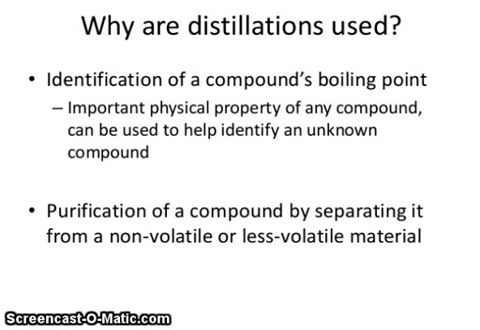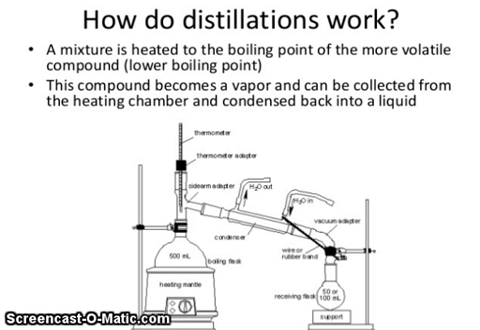Why is distillation used? Identification of a compound's boiling point, an important physical property of any compound that can be used to help identify an unknown compound. Purification of a compound by separating it from a non-volatile or less volatile material.